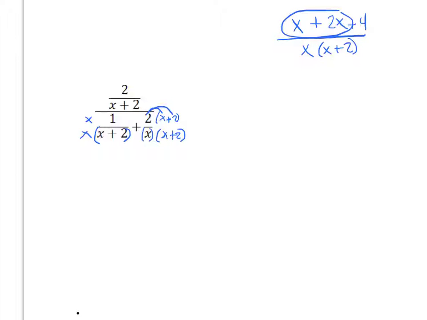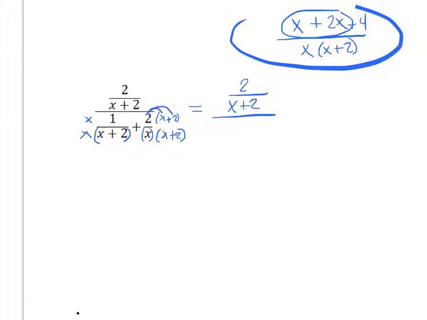So let me go back to the fraction I had. On top I had 2 over x plus 2. And now with this work that I did here, I'm going to rewrite the bottom as 3x plus 4 over x times x plus 2.